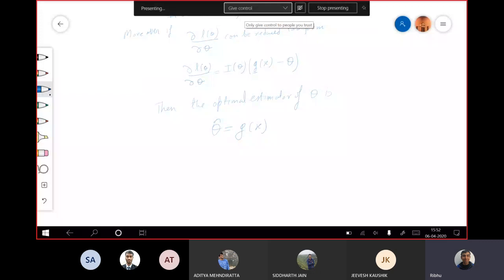Fine. And there's a natural extension to a vector parameter.